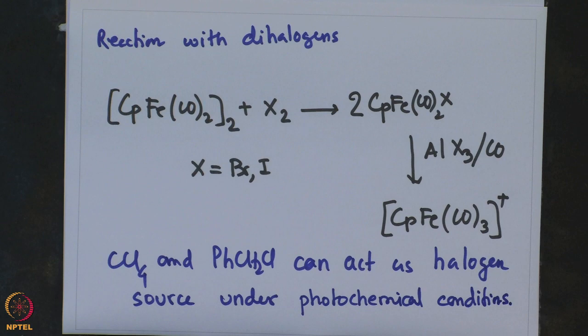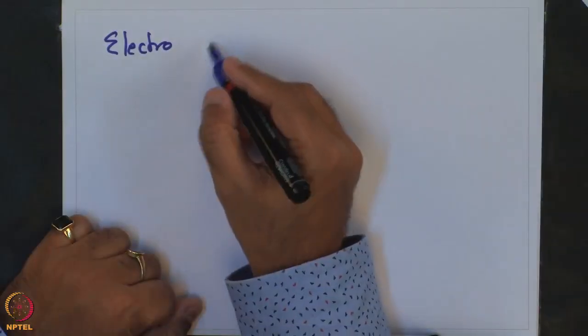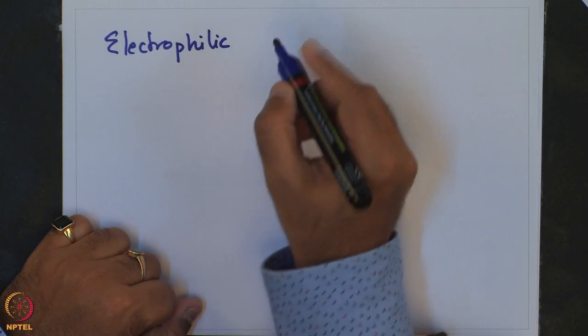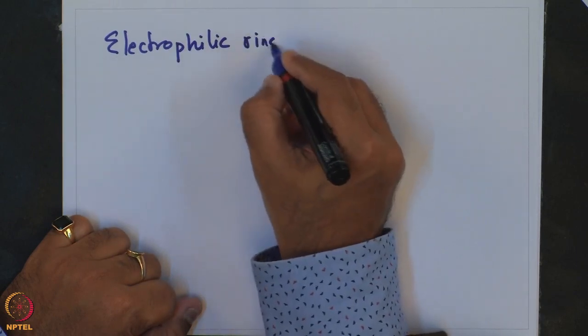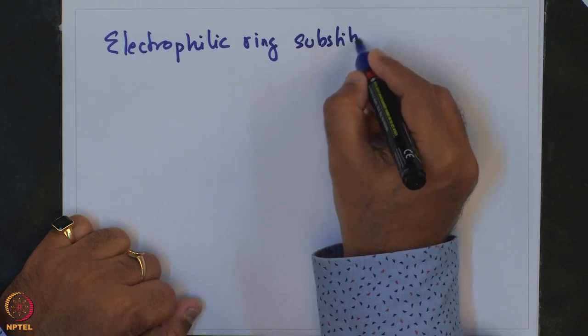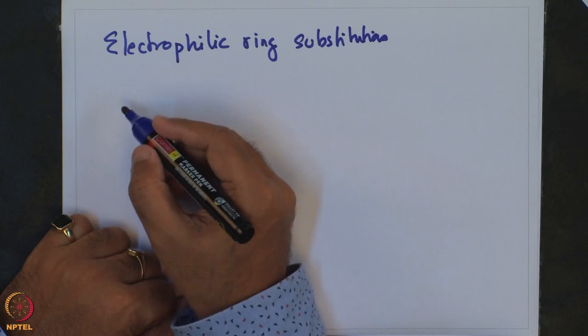The other obvious reaction for these half sandwich cyclopentadienyl metal carbonyl complexes is electrophilic ring substitution.